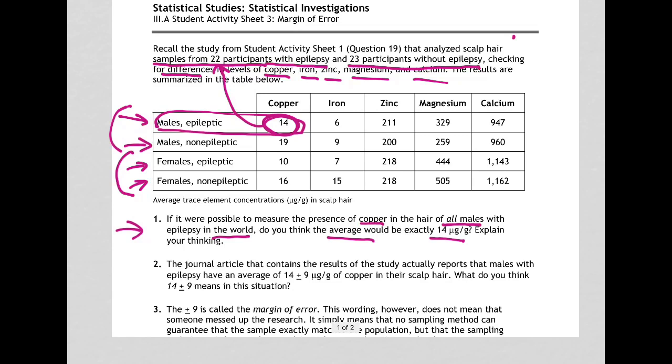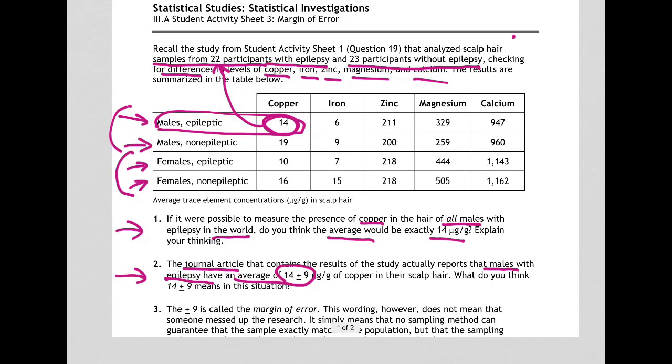So in number 2, it goes on to tell us that the journal article where the study was actually published reported that the males with epilepsy have an average of 14 plus or minus 9. And remember that 14 plus or minus 9 from yesterday's video means that 14 can be off by 9 in either direction.